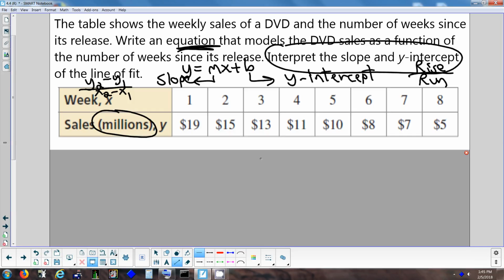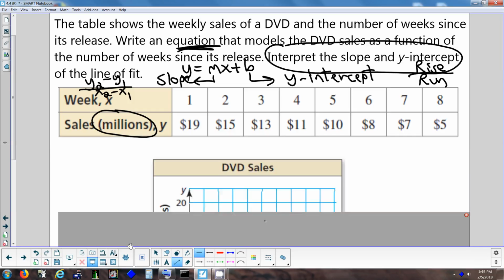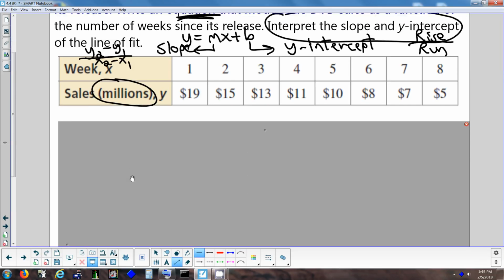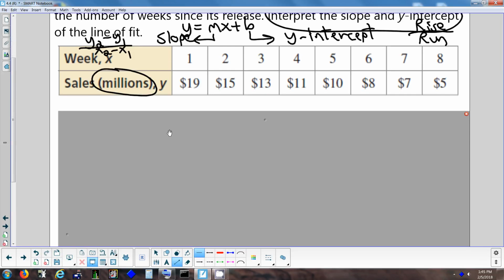Just like the one with the car, remember Josiah? You said the car's only worth $19. I'm not making fun of you, I'm just showing an example. If we're dealing with money, it might say millions, thousands, or 10,000s. So in this case, after 1 week, 19 million. After 2 weeks, 15 million. It just keeps going on like that.